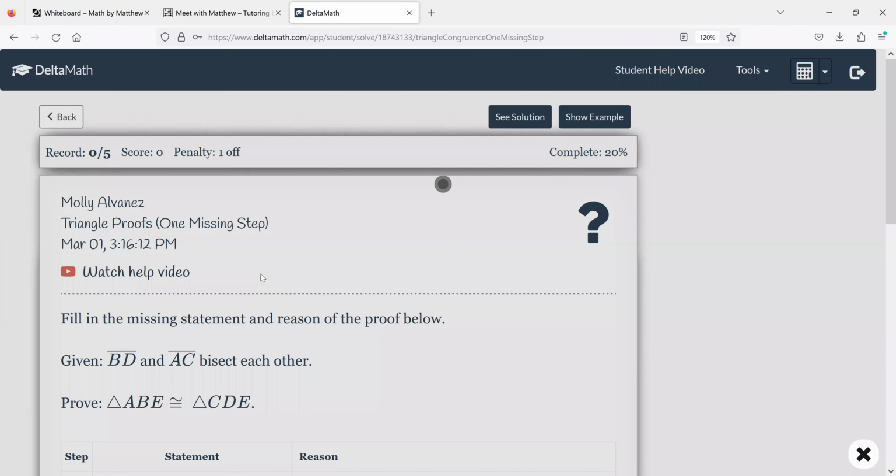Because we know the two triangles are congruent, so we know that AD is congruent to DC. Okay, and the segment bisector intersects the segment to form two congruent segments. Okay. Let me just try this. Hopefully this will take. Does not like that.